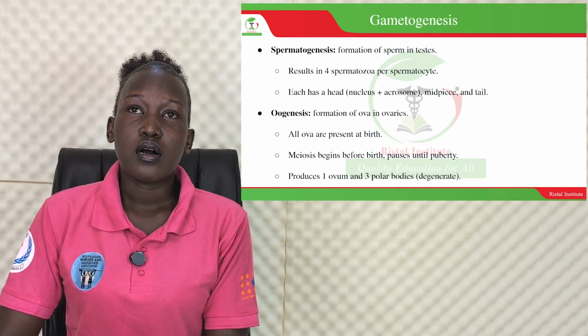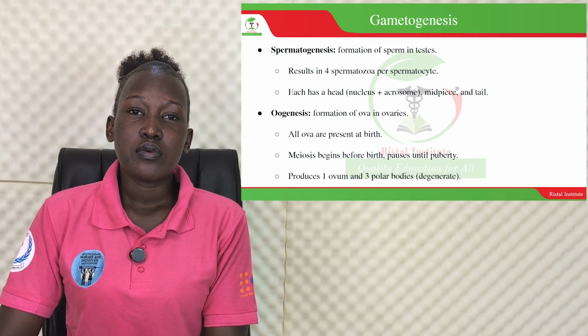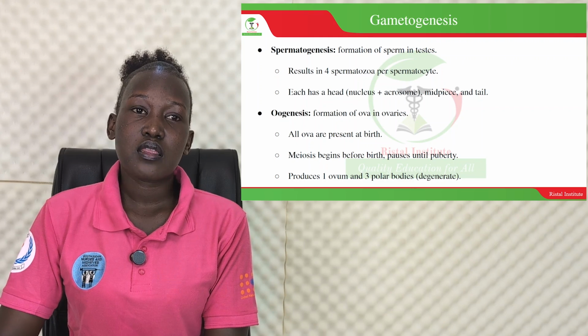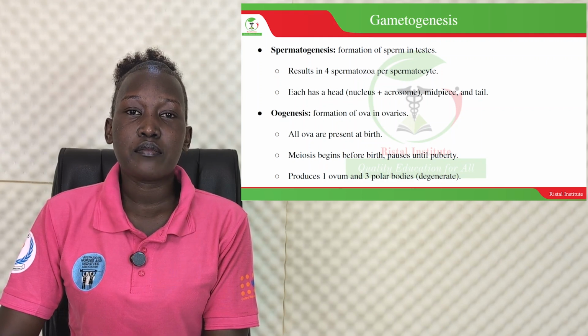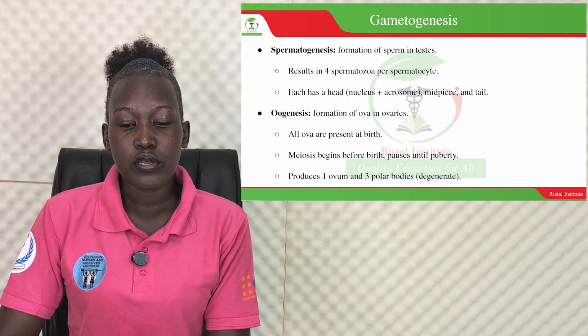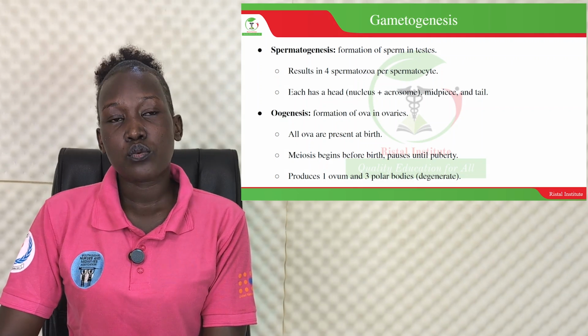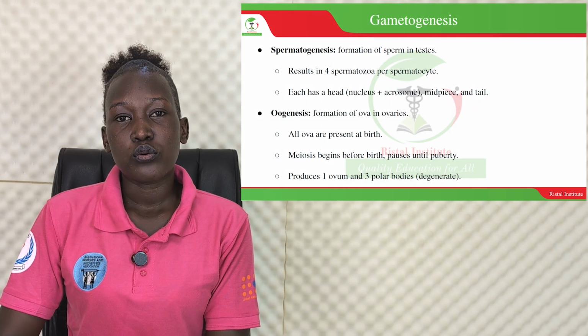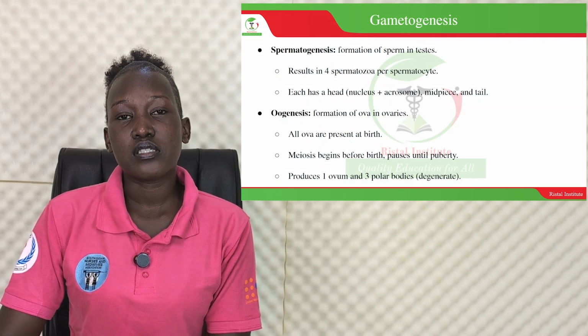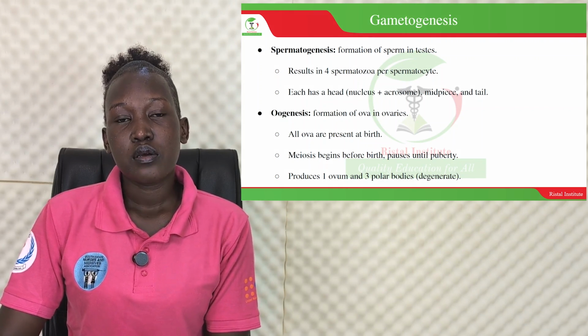That's when the eggs begin to be released one at a time, let me say once in a month, and that is the process we call ovulation, the process of an egg being released from the ovaries. It produces one ovum and 3 polar bodies, which usually degenerate after the egg has been produced.